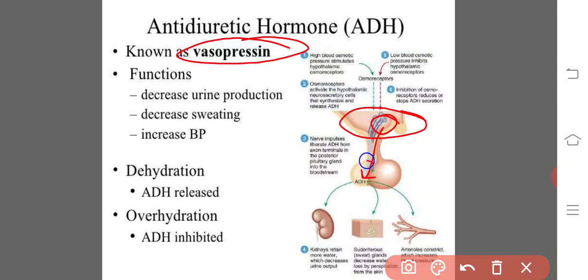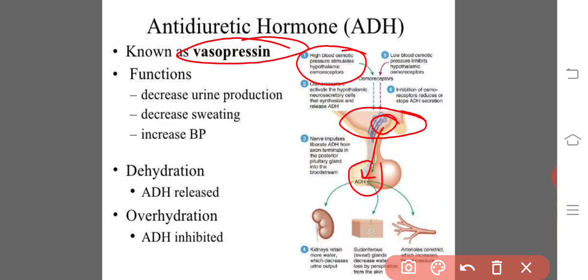The vasopressin is stored temporarily in the neurohypophysis, and as and when there is a higher osmotic pressure of the blood, or the volume of the blood is less, ADH is released from the neurohypophysis.